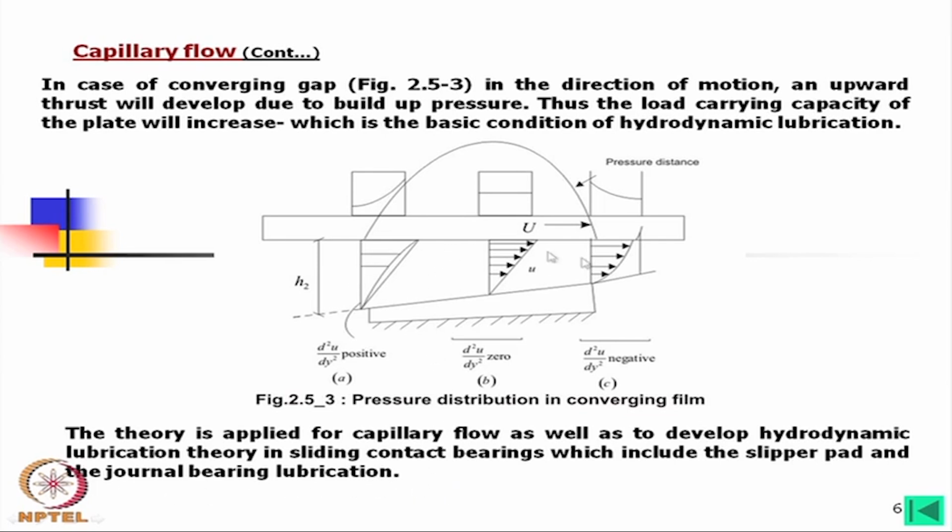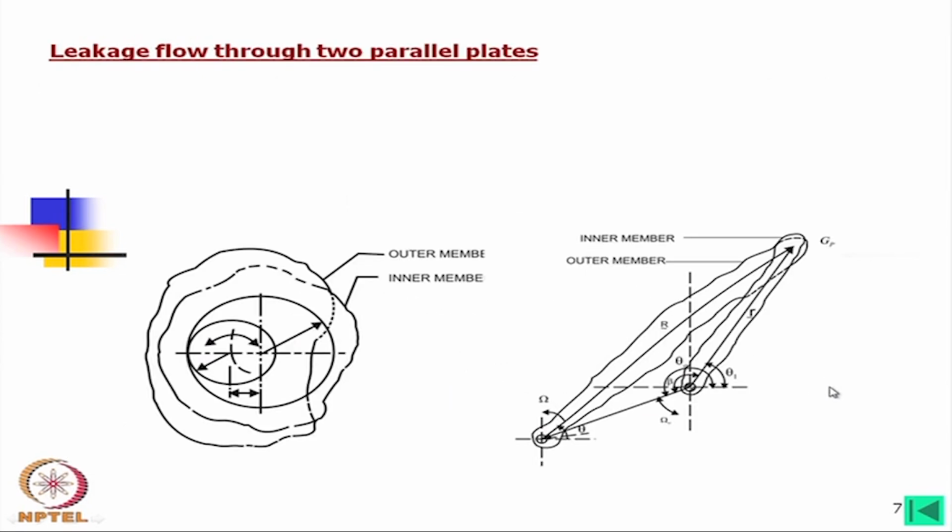Even if we would like to find out the pressure distribution in a capillary passage between two stationary plates, or one is moving, and at the entry side and the exit side there is a pressure difference, the same equation can be used. Only in that case the velocity term will become 0. Let us see how it can be derived.